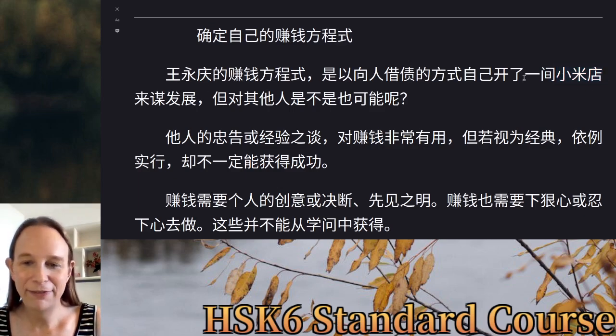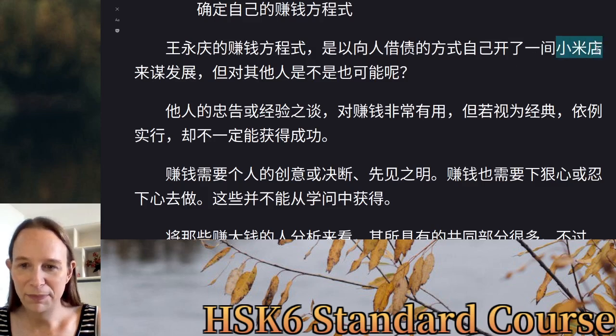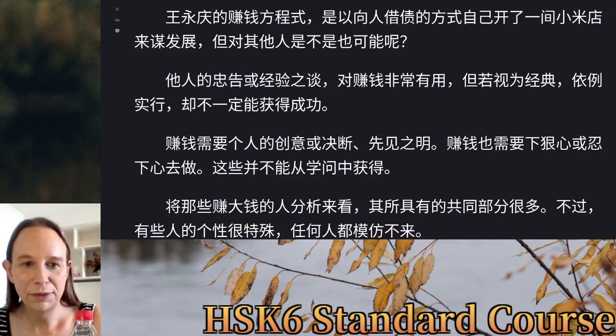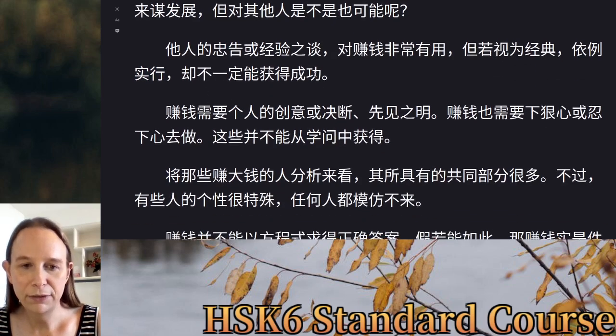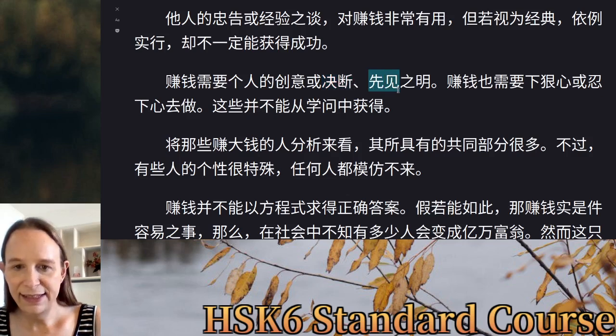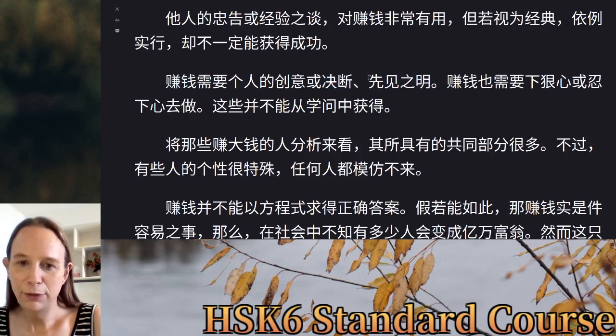So he can make money from the shops, franchising the shops to other people, but other people making money from the shops. 他人的忠告或经验之谈，对赚钱非常有用，但若视为经典，依例实行，却不一定能获得成功。赚钱需要个人的创意或决断。先见之明。Okay, look first.